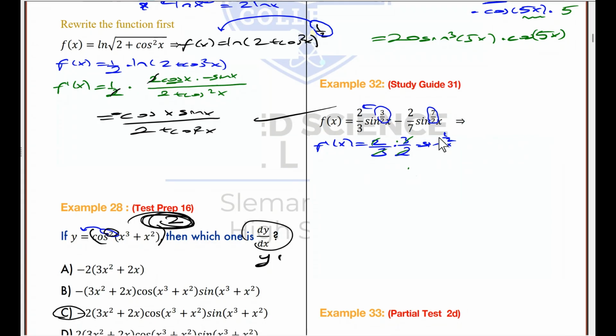Okay, I decreased the power by 1 and I was supposed to take the derivative of the base. Derivative of sine is cosine, minus.